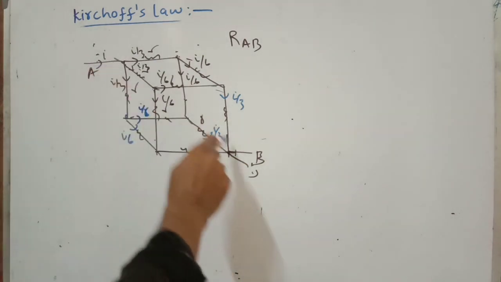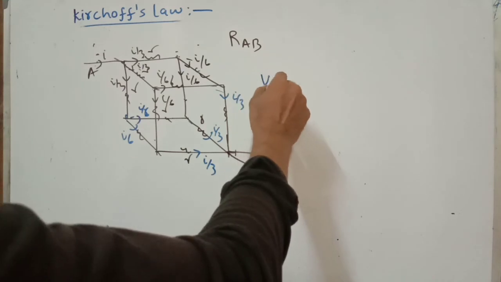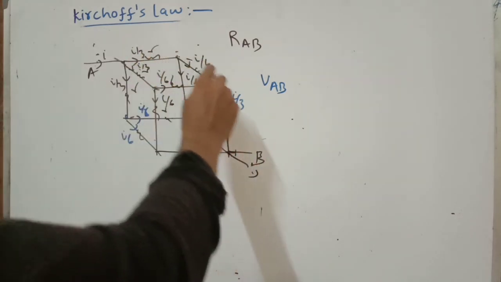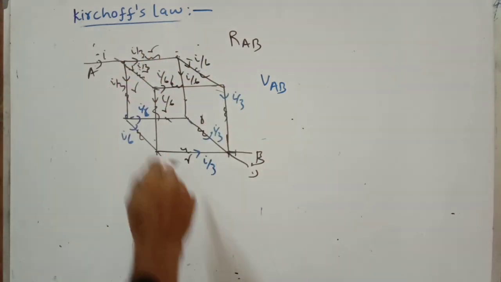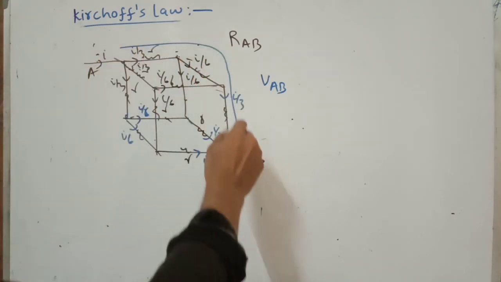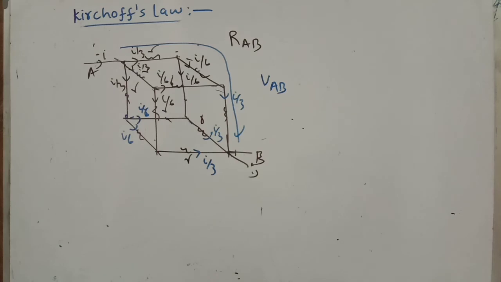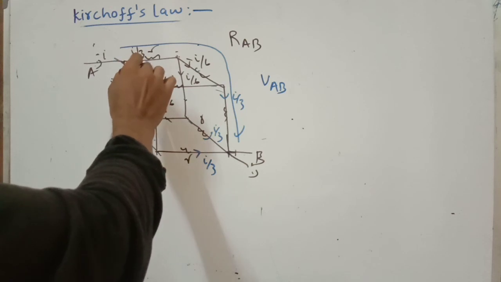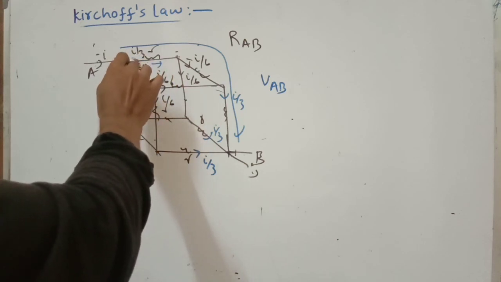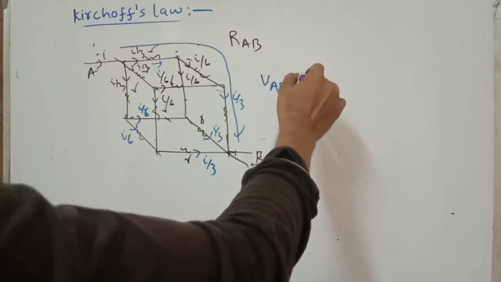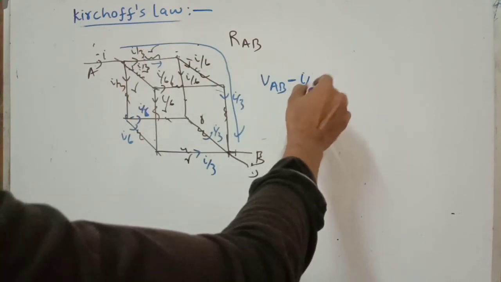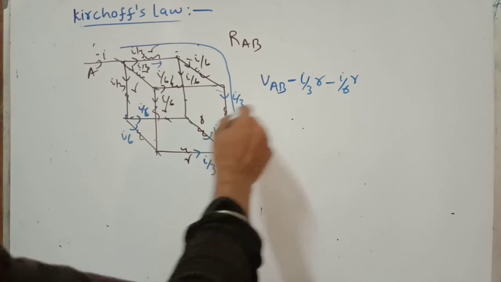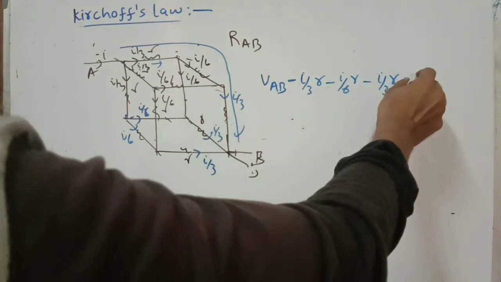Now we write the potential difference VAB. Choose any path; let me consider this path. The potential drop through each resistance is negative: minus I by 3 into R, minus I by 6 into R, minus I by 3 into R, equal to 0.